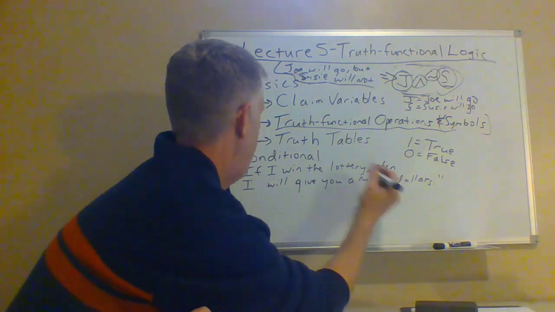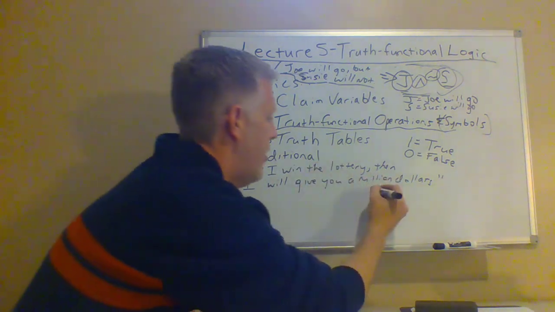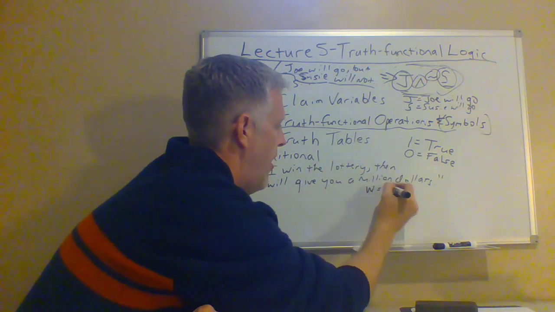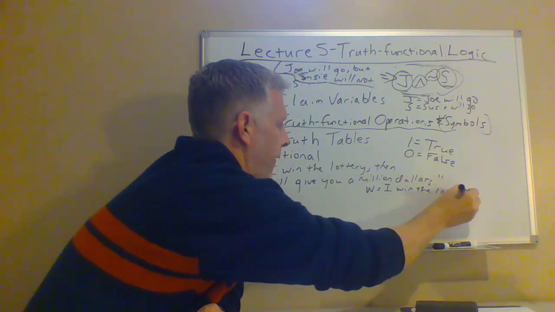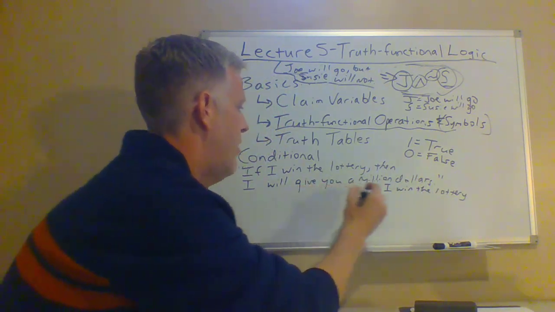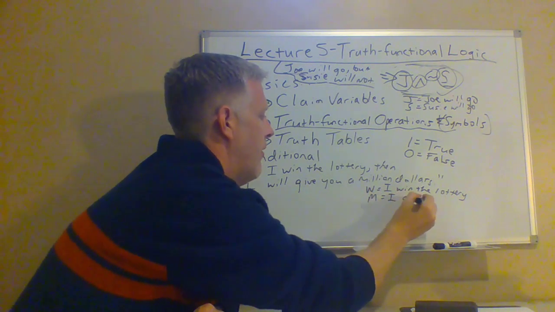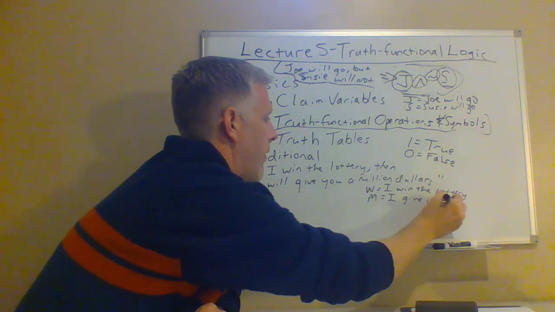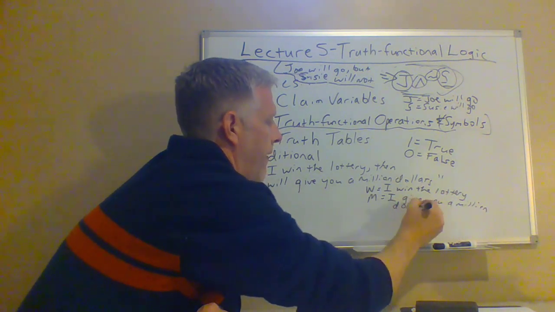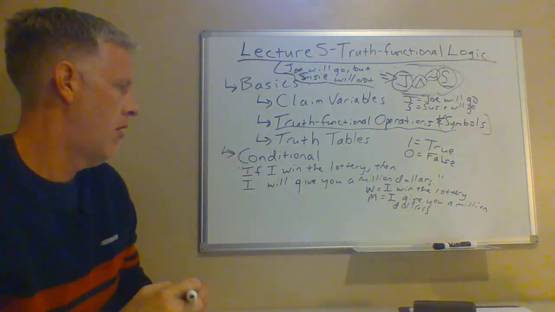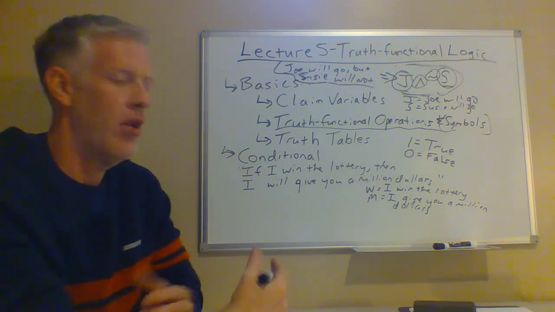So if we were representing this, let's say W for I win the lottery. And then how about M for I give you $1 million. So how would we represent that in logical notation?